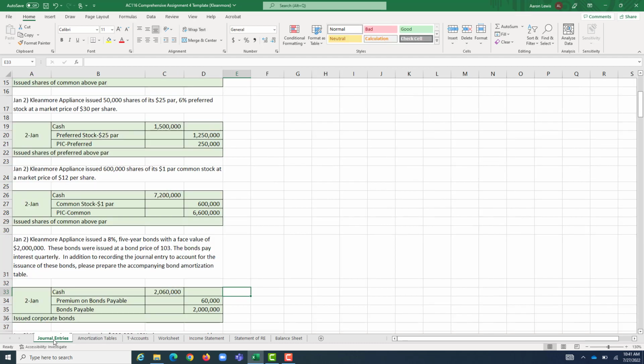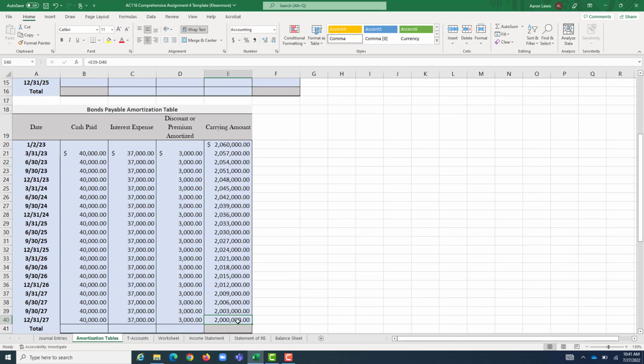And going back one more time over here, we absolutely do. We had a face value of $2 million. That's how we're going to get down to that $2 million on our books on December 31st, 2027, when we have to repay these bonds. They're going to be on our books for the exact amount, $2 million, that we are going to pay to our bond holders.